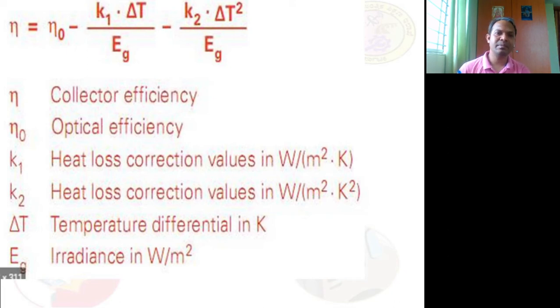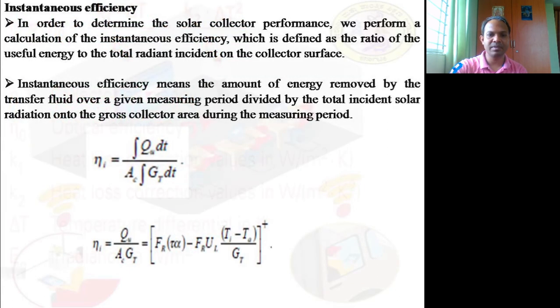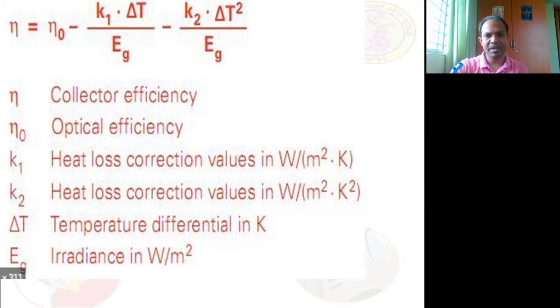Delta T is the temperature differential in degree Kelvin. Eg is the irradiance in watts per meter square, whereas the collector efficiency also depends upon the optical efficiency of the material. This is the expression of the collector efficiency.